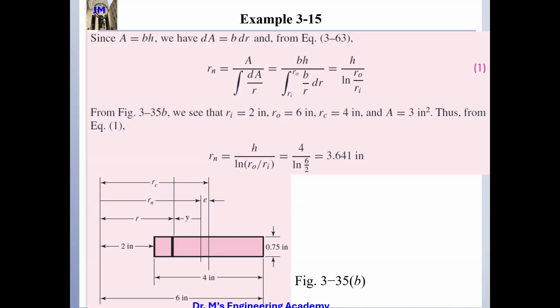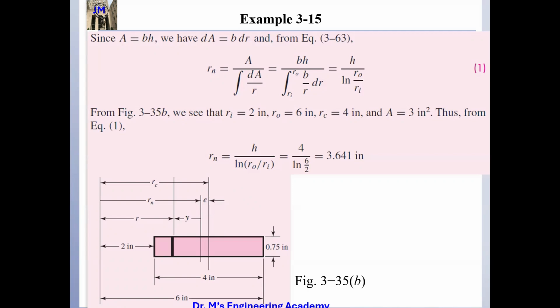So this dA and then over dr. This b cancels this b, and I know that the integral of 1 over r dr equals log of ro over ri. So this is the outer, the upper limit, and this is the lower limit. So 1 over r dr is a log, this is log r.